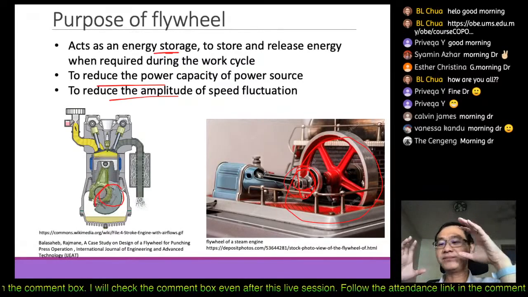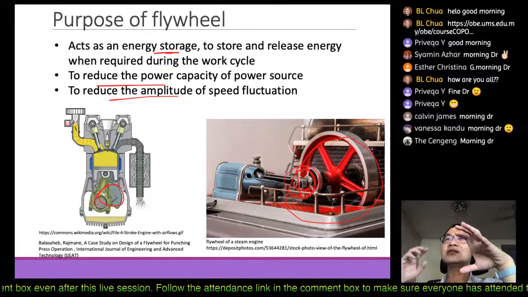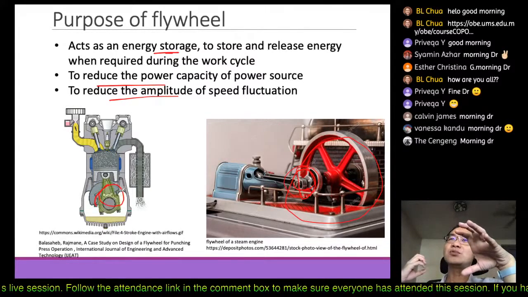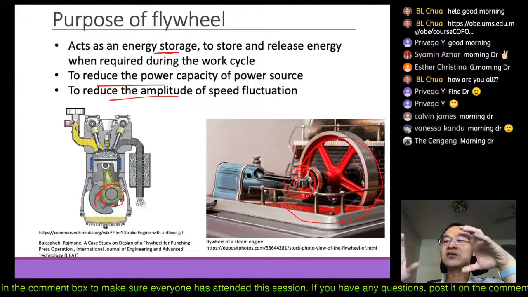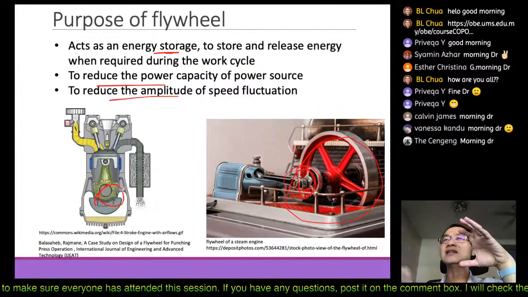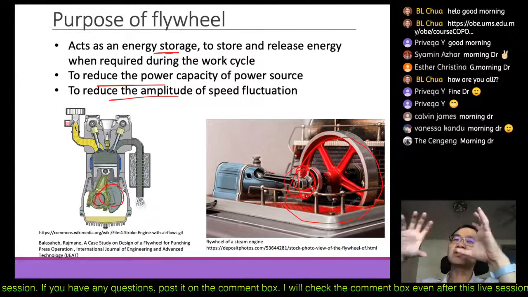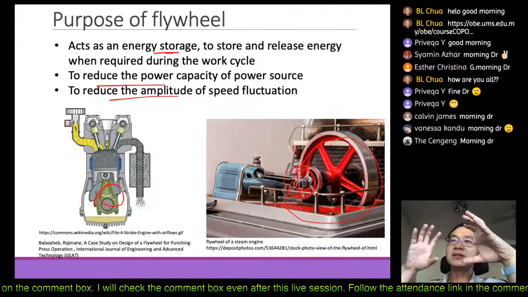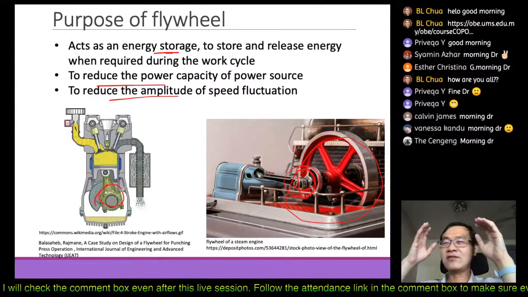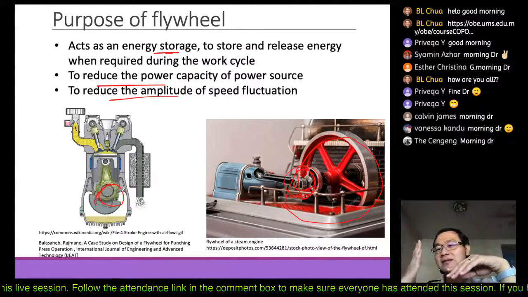You may just put in a small motor to rotate it, so that the flywheel stores the energy. When the cutting motion drops, because of the high momentum, the flywheel will move the blade down and cut it off.